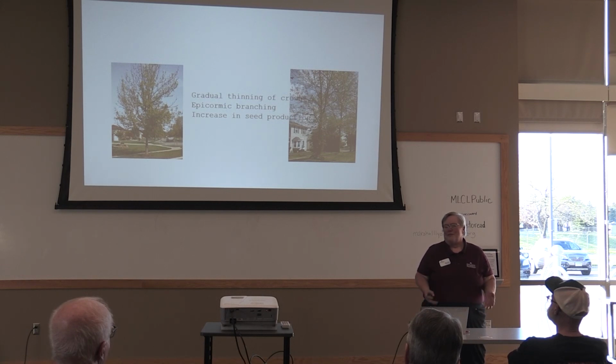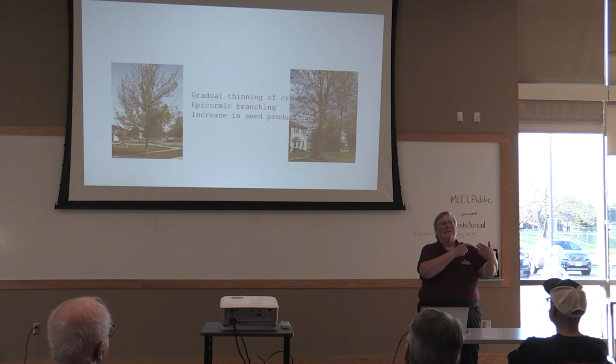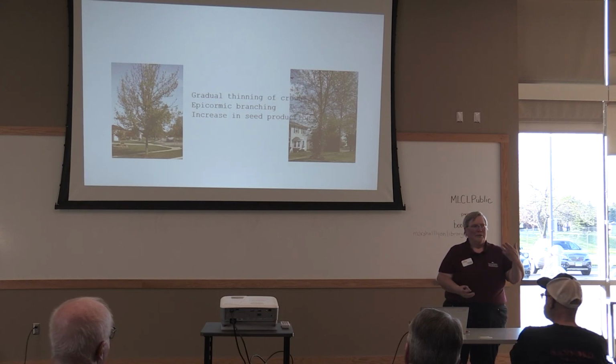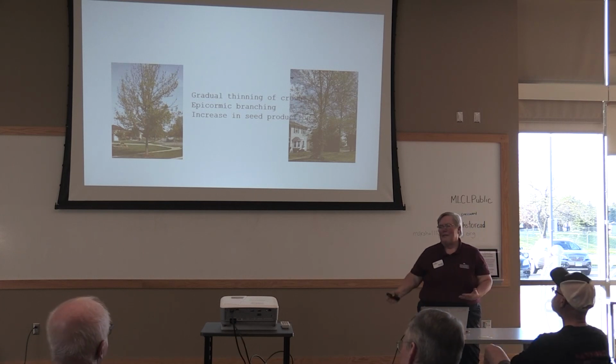Next year, when the tree is fully leafed out, take that picture and go out and look at it again. And stand there and go, well, that branch is a little bit less than the other one than it was this year. That's the best way to tell if you're getting a gradual decline, is to take a picture this year and compare it with what you see next year.